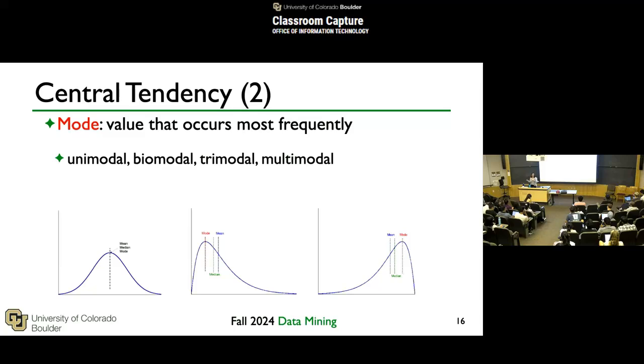But of course, depending on your data set, you may have a single value that is the highest frequency, okay? Or you may have bimodal or multiple modes. That means you may have a few values that are frequent, okay? So think about my annual income example. Depending on the population, you may see a few modes, right?